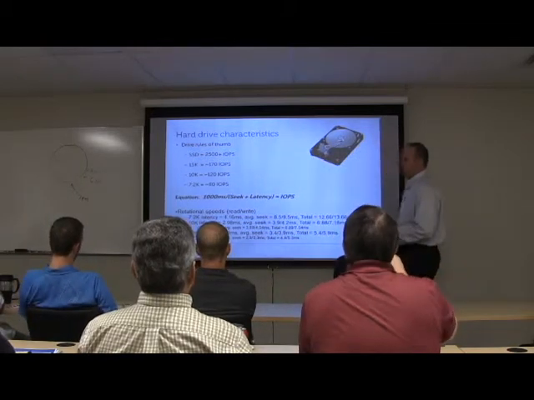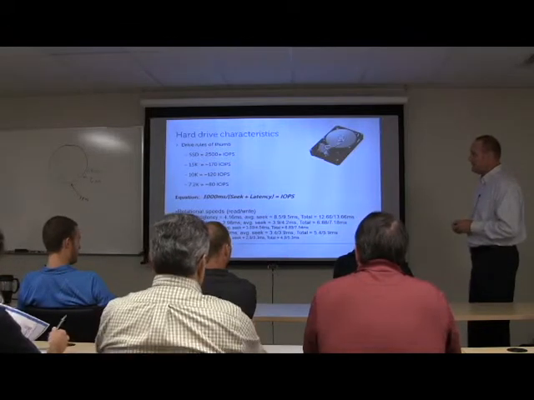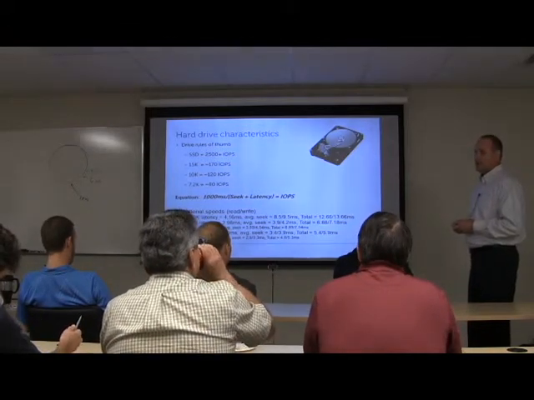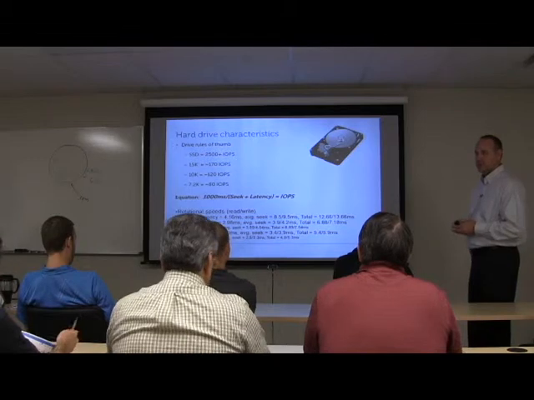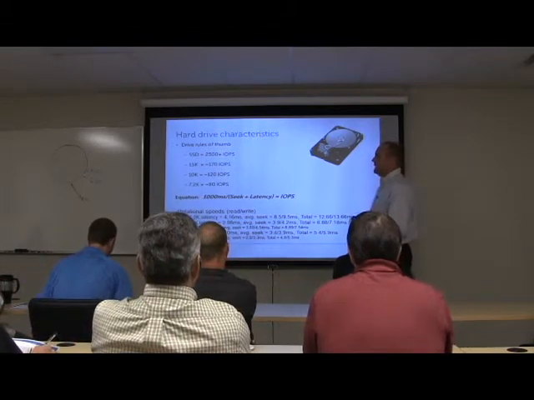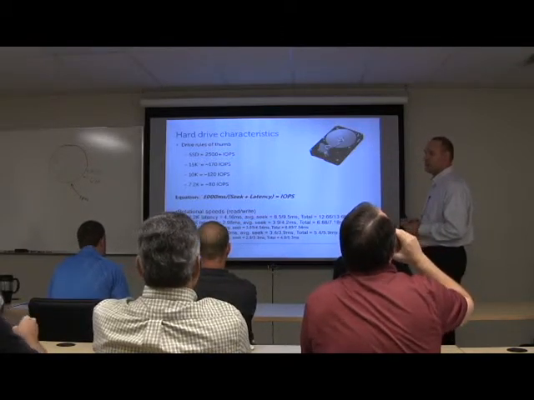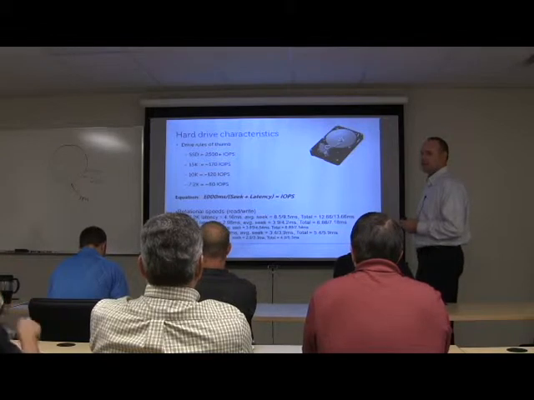For SSDs, about 2,500 plus. It could go way up, depending upon the application and how you're using those SSDs. Are you doing RAID 10? RAID 5? The 15K is about 170, 180. 10K is 120. 7.2K is 80.